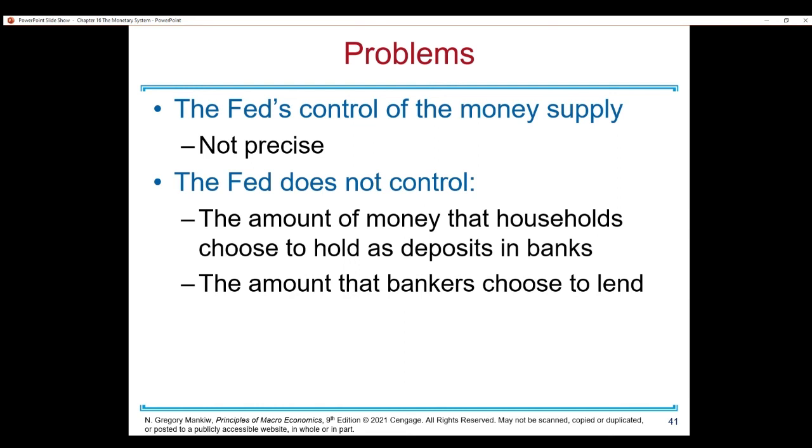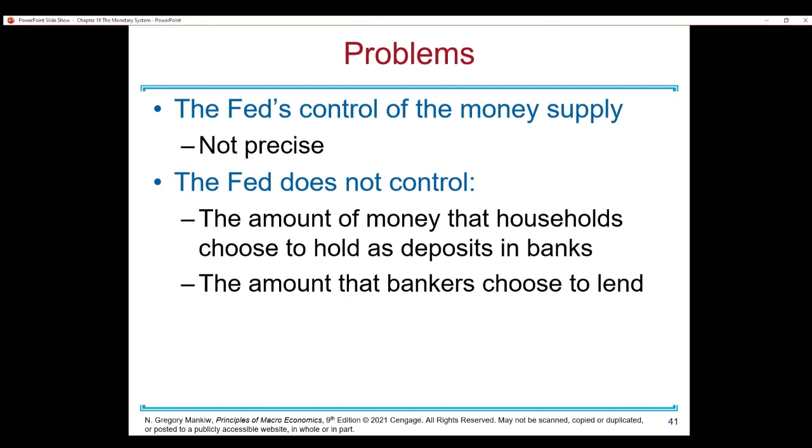The second problem is the Fed does not choose the amount banks lend. The Fed can't be sure how much of the bank's deposit is going to be loaned out or how much money is going to be created. If bankers are concerned about economic conditions, they may not loan out as much. The reserve requirement may be at 10%, but again, the bank may only lend out 50%.